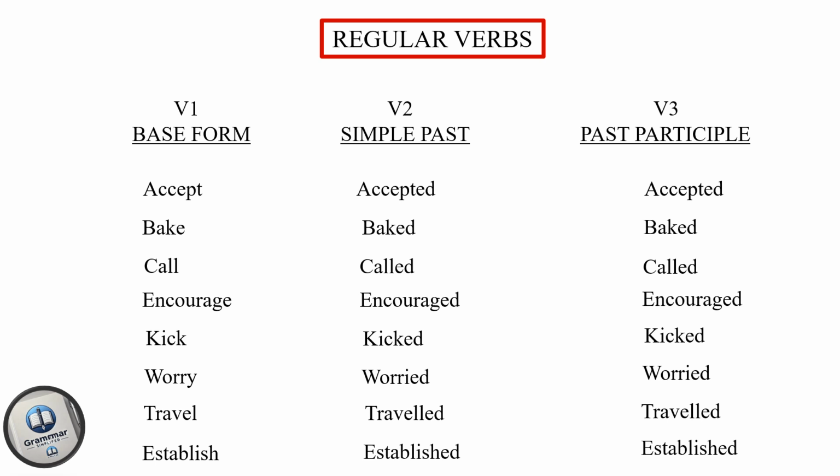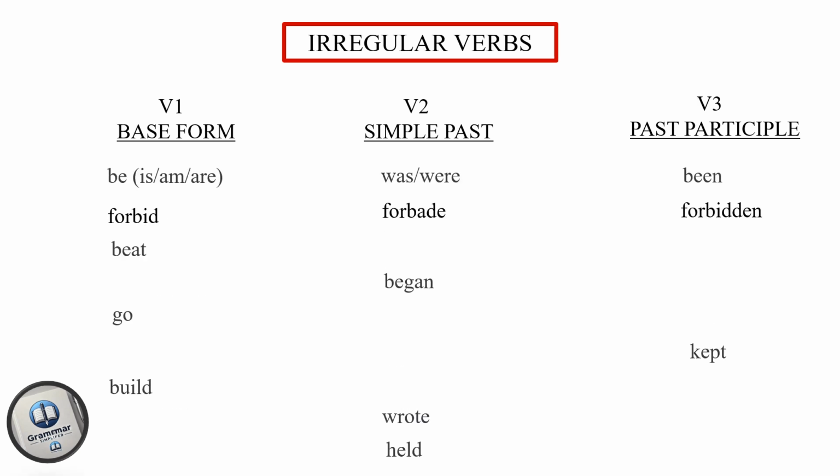So in regular verbs, to make the present tense form into the past participle form, you're adding ed, d, or ied to the base form of the verb. But in irregular verbs, the base form, simple past tense, and past participle are different.